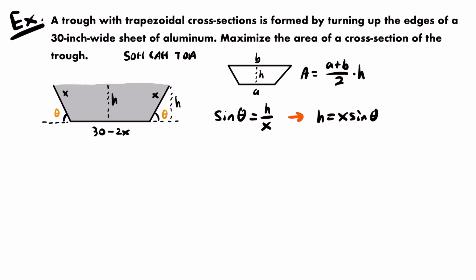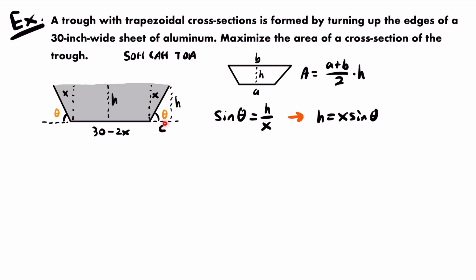And we know part of it, right? If you draw some lines upwards from these corners, you know that this measurement right here is 30 minus 2x. We just need to account for this little measurement here and this little measurement over here. And we can also find that with the help of a trig function, because this little measurement would be the same as this little measurement down here. Let's call that c.